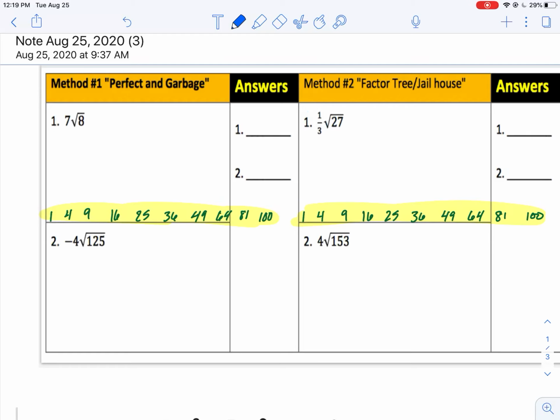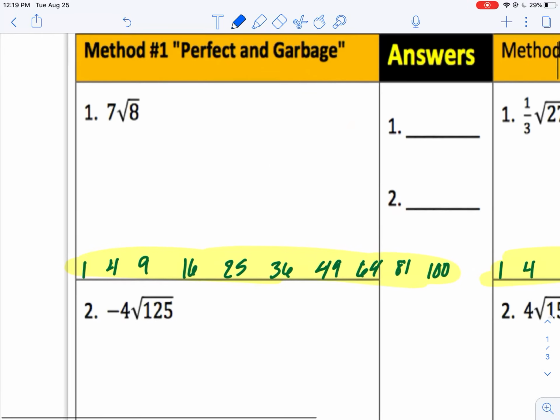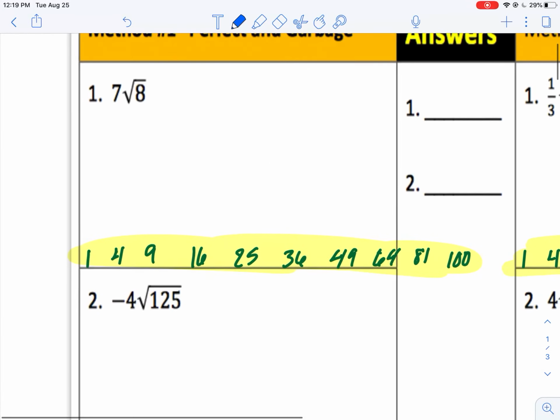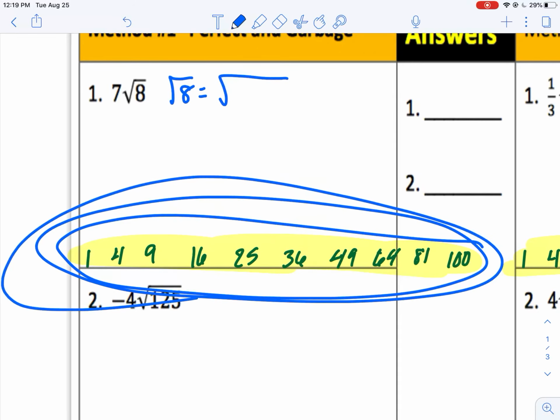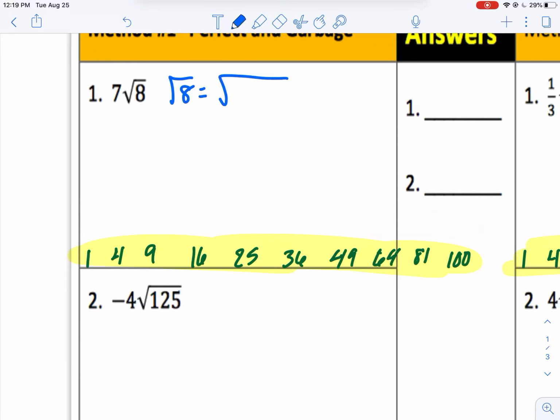So what do I do if I have a number out front? All right, well, let's check it out. I've got a square root of 8. And what I want to do here is break this 8 down into a product of two numbers, so something times something equals 8. More specifically, I want to figure out which of these perfect squares goes into 8.